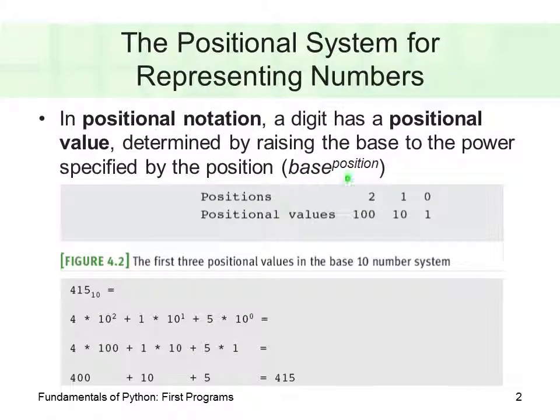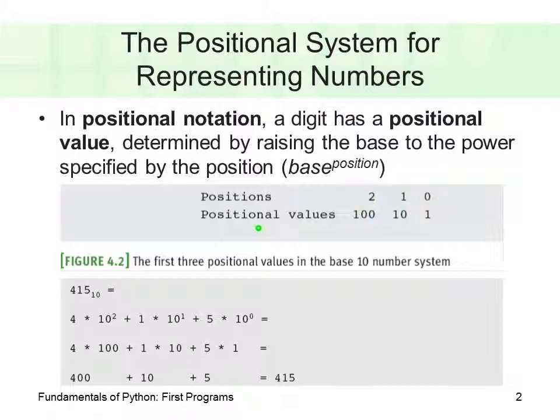So by way of explanation, in positional notation, a digit has a positional value. And that value is determined by raising the base, whatever the base of the number system is, to the power specified by the position. Base raised to position. So how do we read the value 210 in base 10?